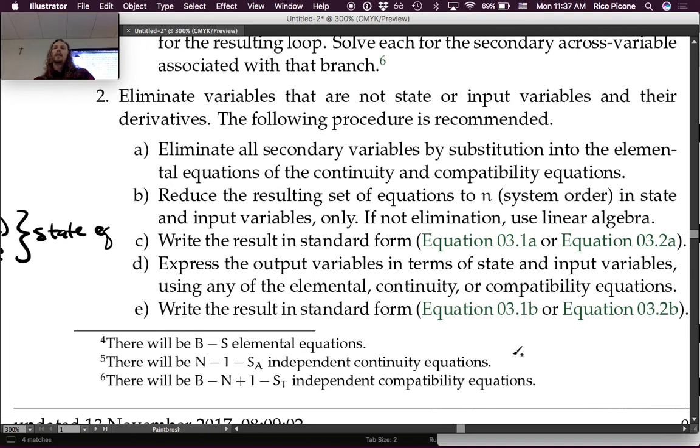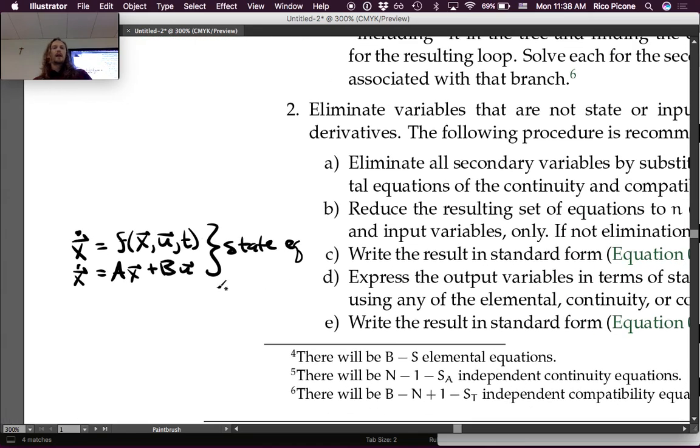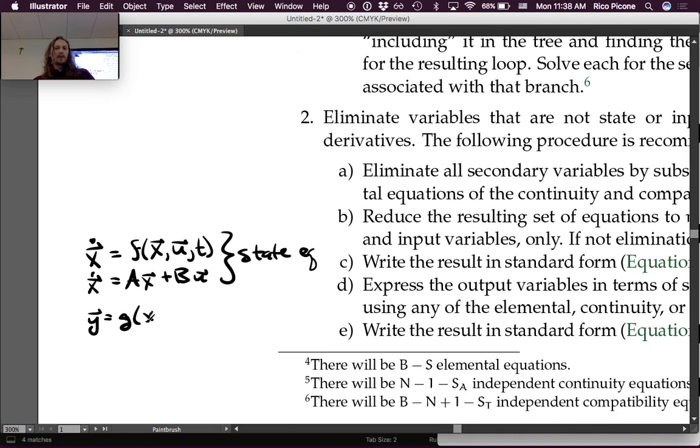Equation 3.1b gives the general nonlinear form, and 3.2b gives the linear form. So we have y equals g of x, u, t. These are vector valued functions.